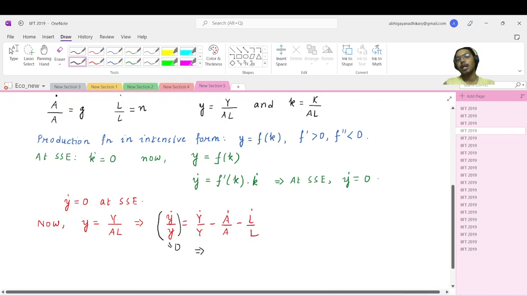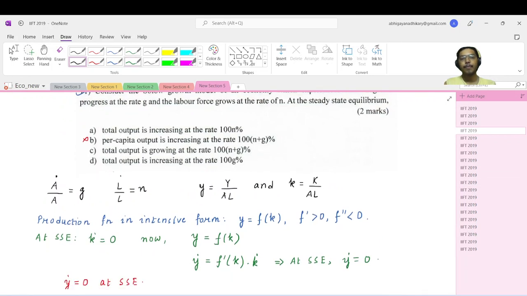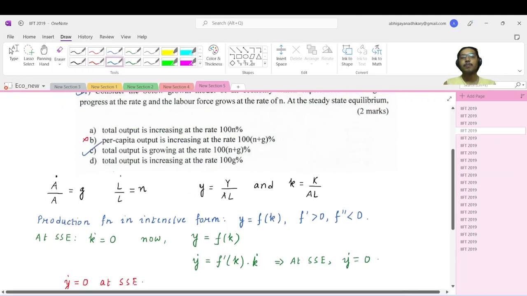So if you make some adjustments, you get Y dot by Y equals A dot by A plus L dot by L. So that is n plus g. So the total output grows at the rate of n plus g. That is basically your option number C, that the total output is growing at the rate of 100 into n plus g percentage, because the options are given in terms of percentage. So we have a 100 multiplied with it. Okay, thank you.